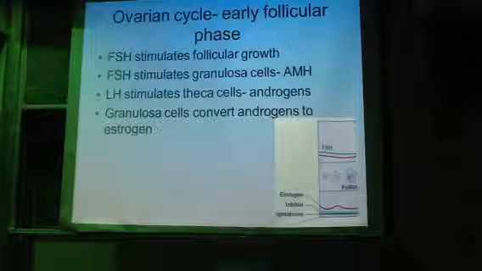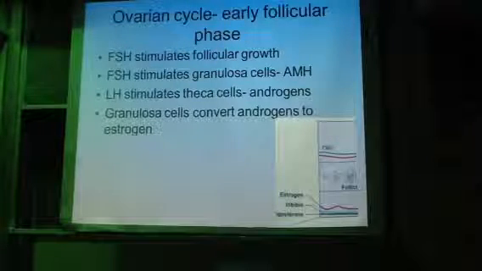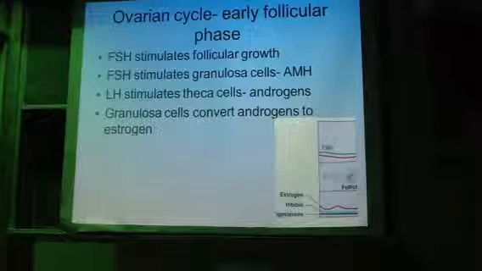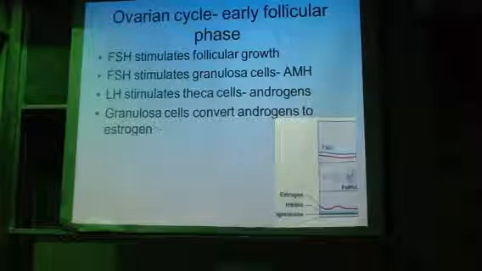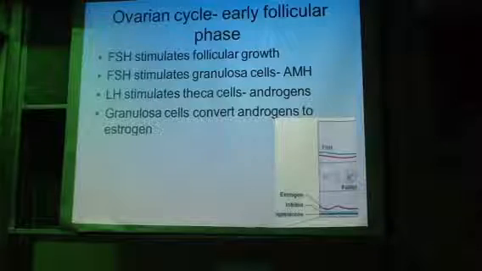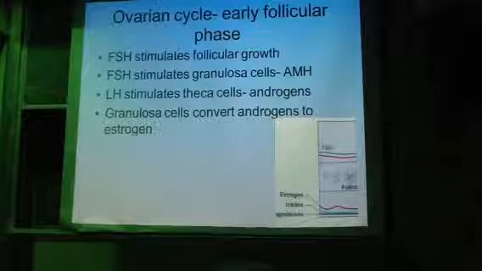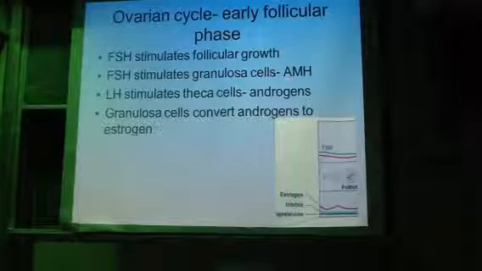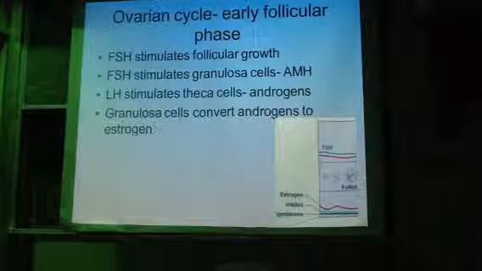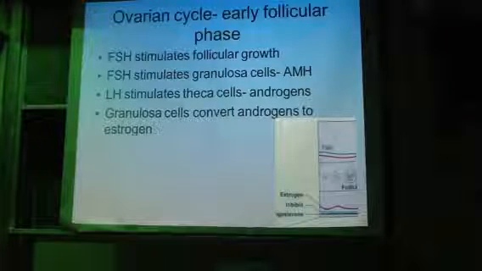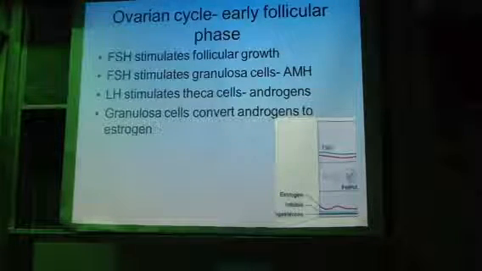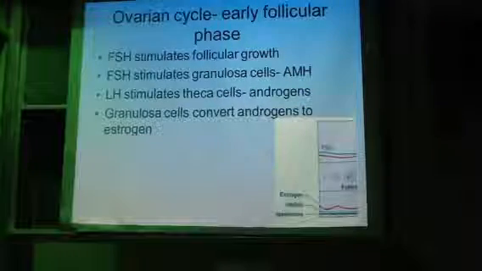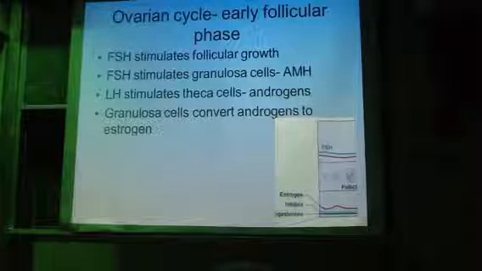So this is around the time of the period, okay? The first day of menstruation. So you've got FSH levels that are bumped up, and it's starting the follicles to grow. You've got the granulosa cells that are making anti-Müllerian hormone, which you kind of need for maturation of the follicles. And then LH stimulates the theca cells to make the androgens.